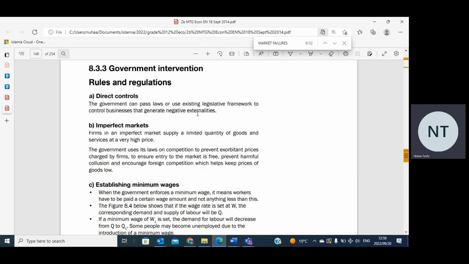You are also not allowed to sell a pack that doesn't clearly state the dangers of consuming a cigarette. So that's direct controls. And in the imperfect markets, we know our imperfect markets are our oligopolies, our monopolies, and our monopolistic competitions. And we went through in quite some detail the competition policy, the competition commission, the tribunal, etc. So if they are guilty of disadvantaging consumers, they are brought to law.